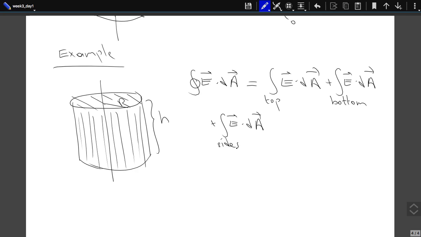Now the side. Remember, you just imagine that you are dividing this total closed surface into very small patches. I sum the patches on the top, that gives me this integral. I sum the patches on the bottom, that gives me this integral. And then I sum the patches over the sides, that gives me this integral.